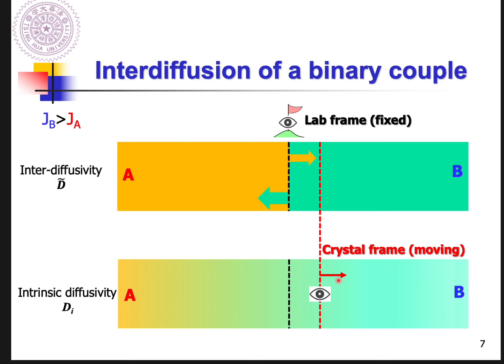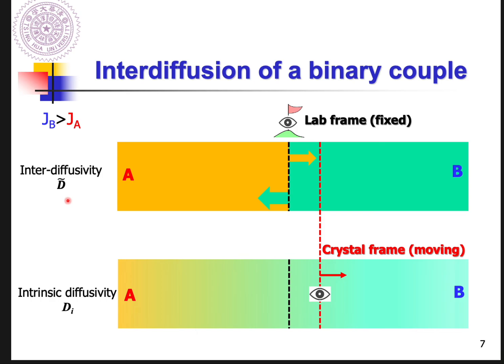And for the intrinsic diffusivity, that means you stand at the interface, and the flux you measure divided by the minus concentration gradient gives the intrinsic diffusivity. But if you stand outside of the sample in the lab coordinate, then the atomic flux you measure divided by the minus concentration gradient gives the diffusivity you call interdiffusivity.